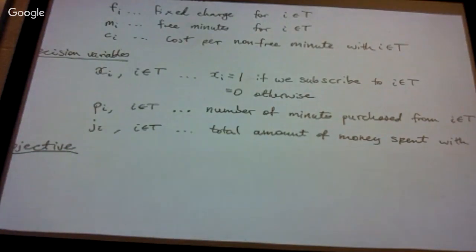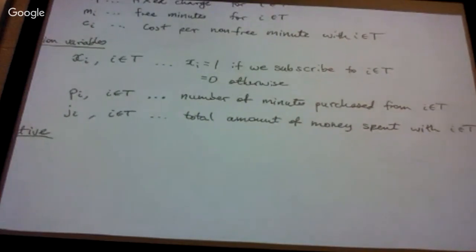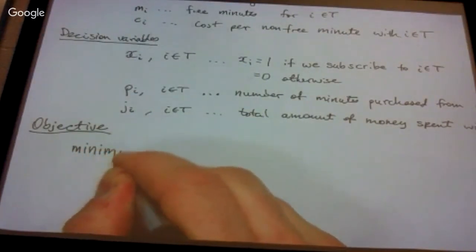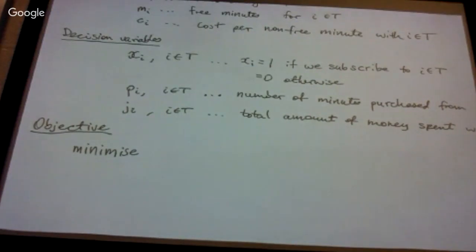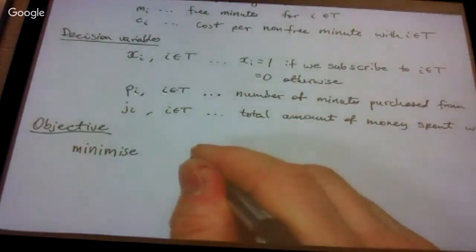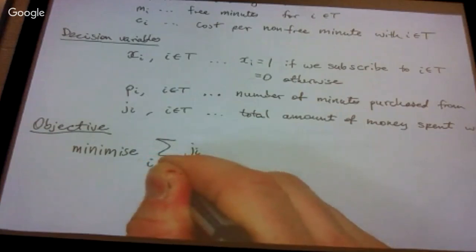So the objective we were told should be to minimize the total cost. We need a formula for the total cost. But we know that for each of the telecoms it's JI, so we just need to add them all together.